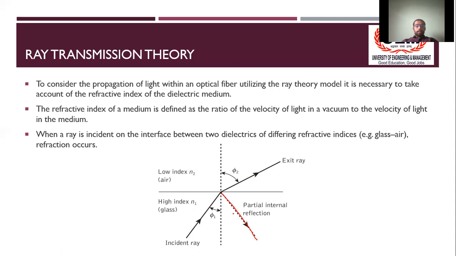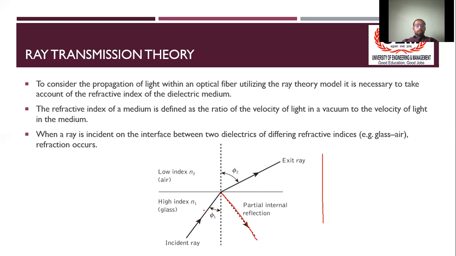Now, to make this happen, take the example of glass and air. Here glass has a high refractive index compared with air. If a light ray is incident on the edge of the glass and air, it gets refracted into the air medium with an angle greater than the angle of incidence.